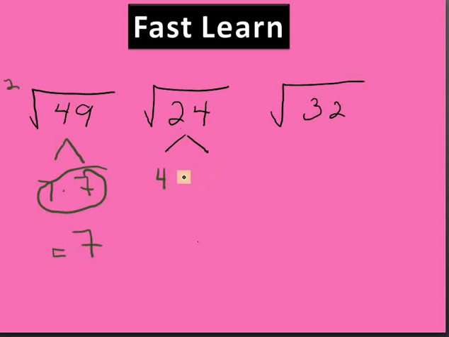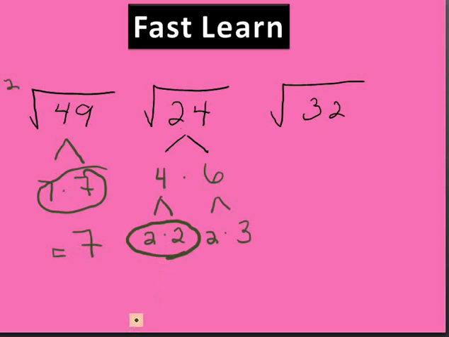Now let's start working on something a little bit more difficult, where we start breaking down even further. We break this 4 down. We can break this 6 down. Now, this is different from what you've seen so far. Since we broke down to the prime numbers, we need to circle the pairs that we know of, because we need to save those out of the building. We have one set of 2s here.